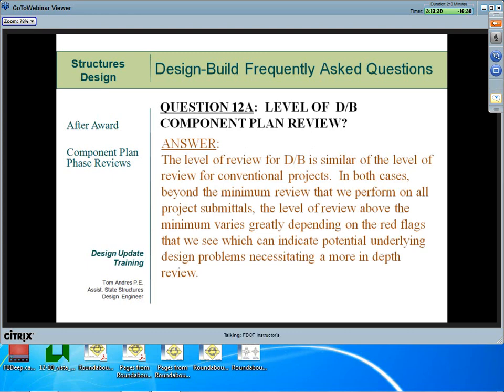In both cases, beyond the minimum review that is performed on project submittals, the level of review varies greatly depending on certain red flags, which can indicate potential underlying design problems necessitating a more in-depth review.